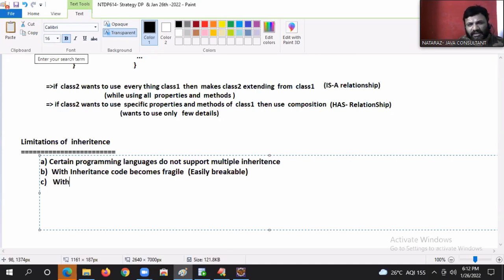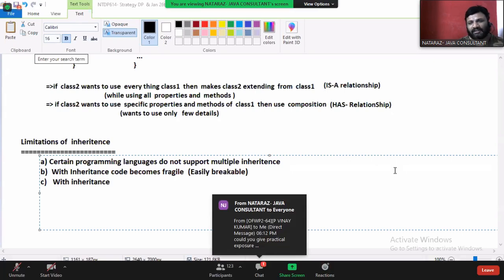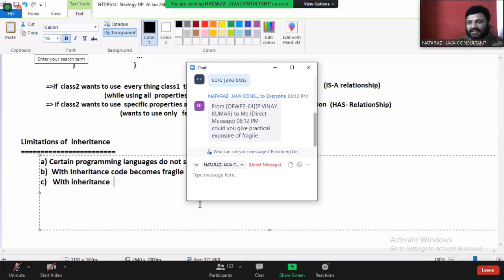Next, with inheritance, when I'm writing the points, if you ask me for a practical approach, should I jump to practicals by leaving the concept? You don't have that much patience, my dear. I'm just giving the highlights.